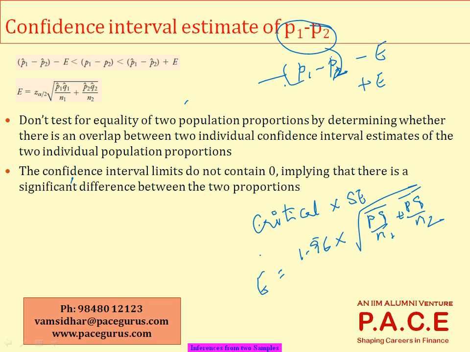If the value 0 lies in between this range, P1 minus P2 minus the margin of error and P1 minus P2 plus the margin of error, within this range, or if our hypothesized value, whatever that is, the hypothesized difference between the two proportions, right?